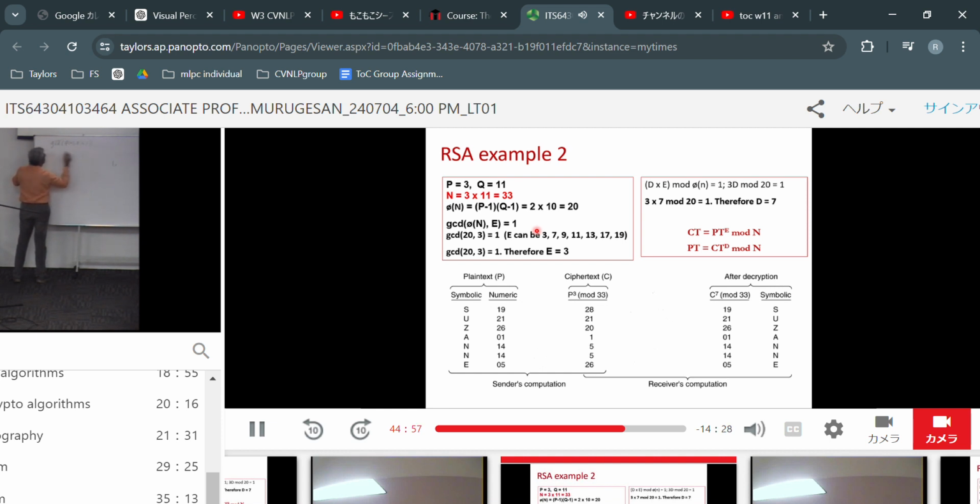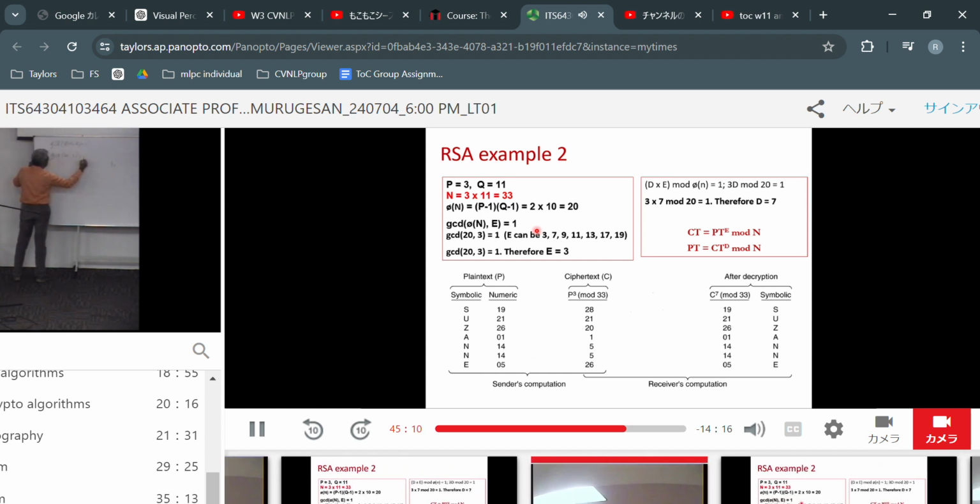So this is a condition. GCD of phi of n, which is 20, and E should be 1. So E can take the value 3, and it will still satisfy this condition.